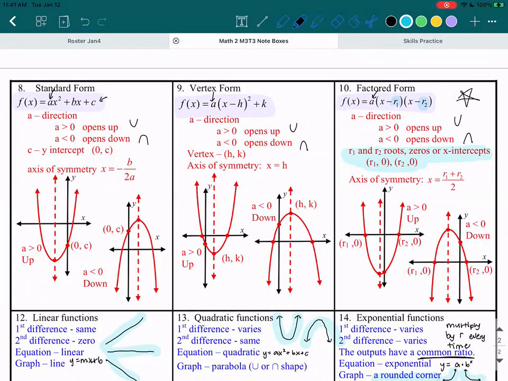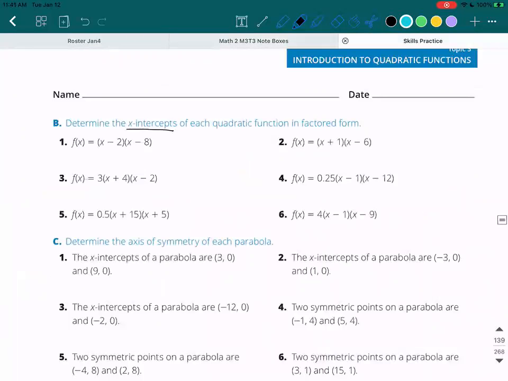Let's go back to skills practice and let it load. Okay, so for number 1, if it says parentheses x minus 2, x minus 8, our x-intercepts would be positive 2, 0, and positive 8, 0. So literally just take this number, then take the 2.